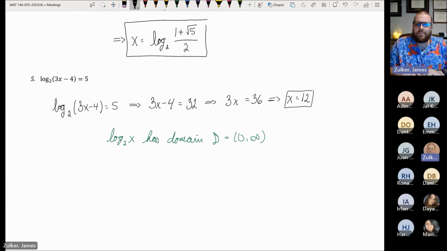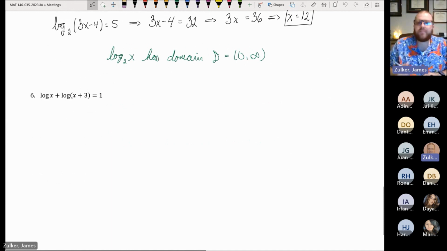Let's just wait for this to catch up. All right. Here, what we're going to have to do is use the laws of logarithms. We have a sum of logs.